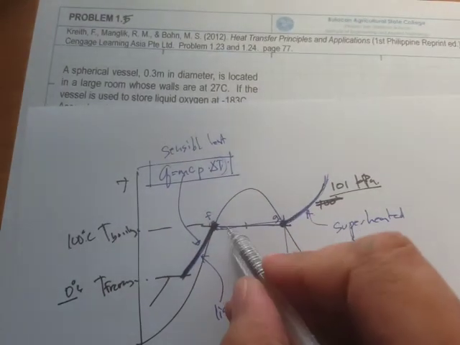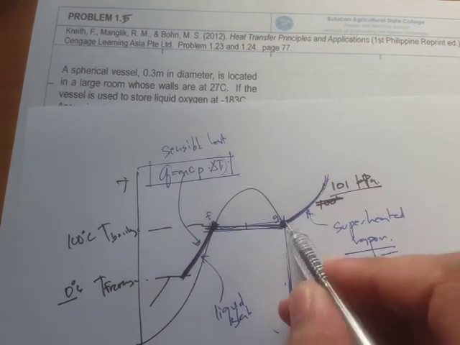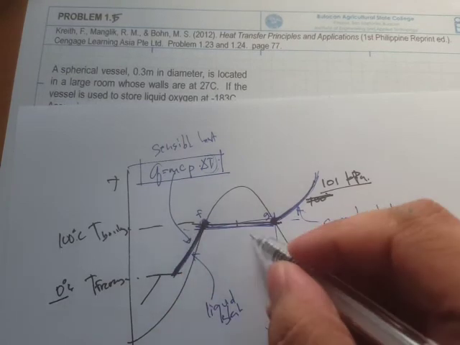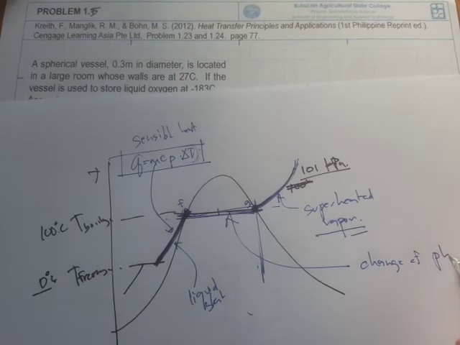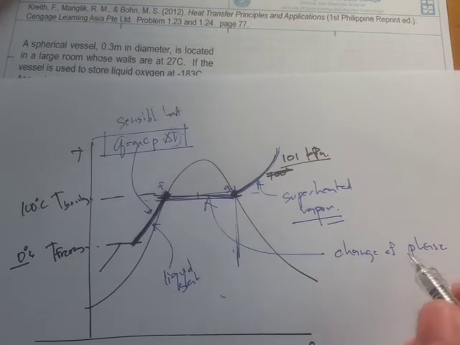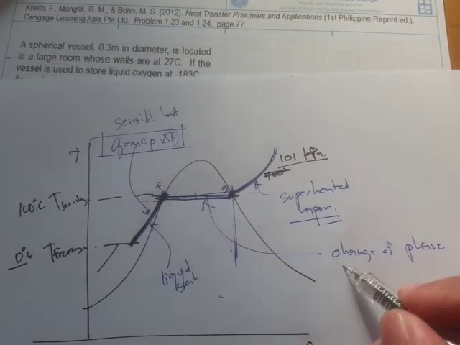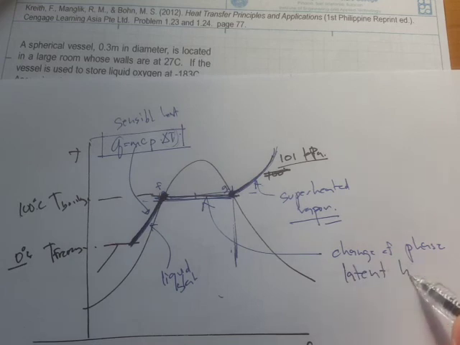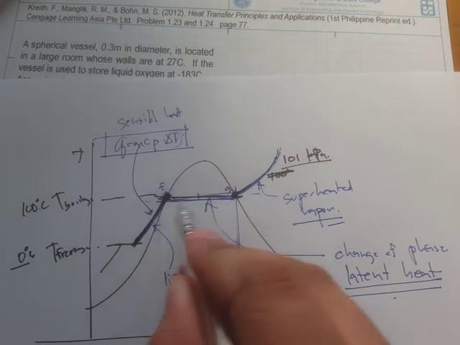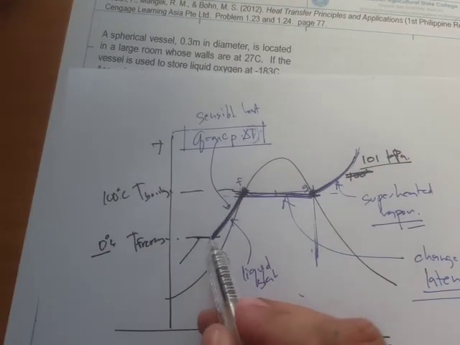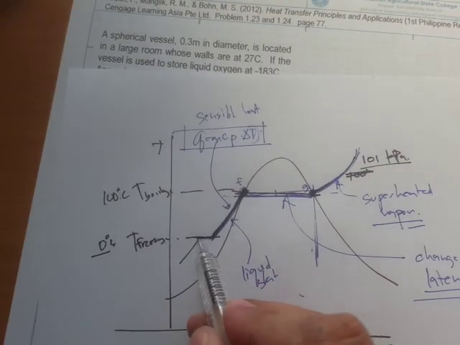And another heat is in this region. That's the change of phase, right? Change of phase. And the heat that we call for this change of phase is the latent heat. Okay, so latent heat of vaporization in this case, or if we are referring to freezing, the latent heat of freezing.